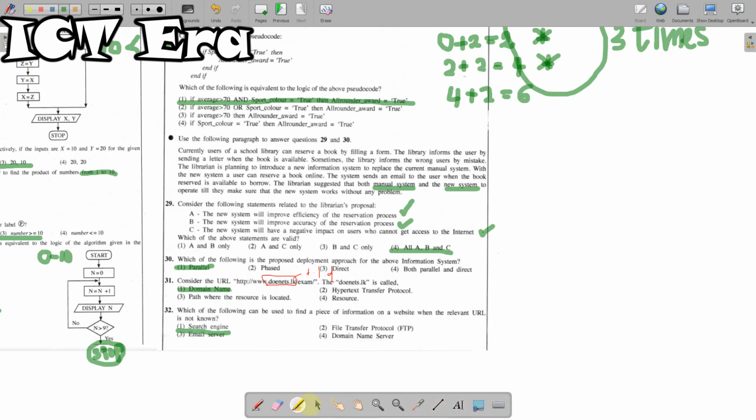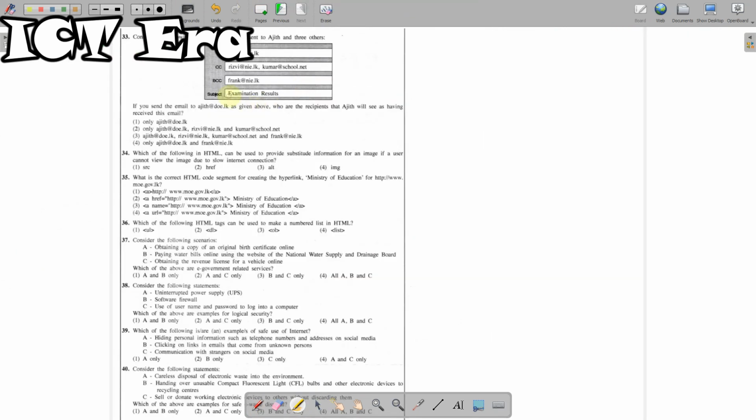Now let's move to the final questions of part 1. 33rd question. Consider the following segment of an email sent to Ajit and 3 others. So to Ajit, carbon copy Rizvi and Kumar, blind carbon copy Frank. What is the facilities? So To can see CC, carbon copy, but not blind carbon copy.